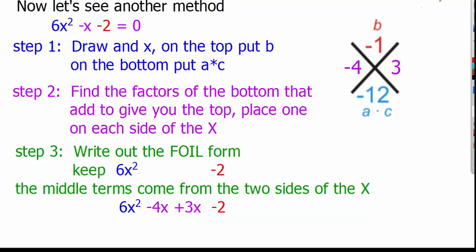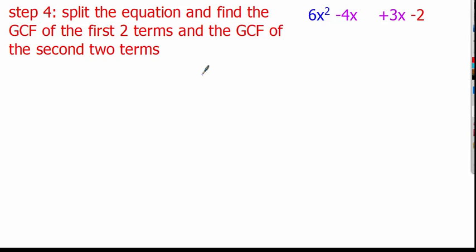Now, once I have that, I split it into the first part, first 2 terms, second 2 terms, and I'm going to look for greatest common factors, but 2 terms at a time. These two are both divisible by 2x, and these two, well, they're not divisible by anything, so it's just going to have to be 1.